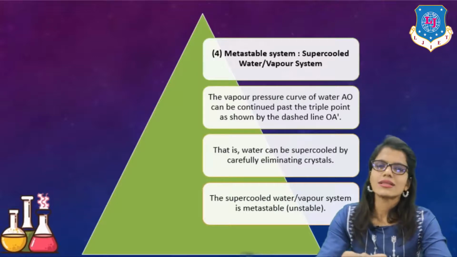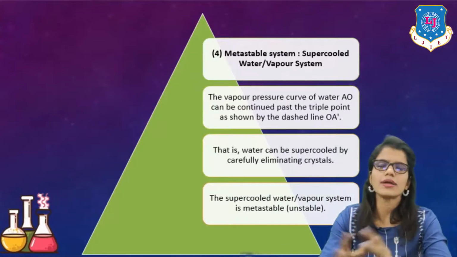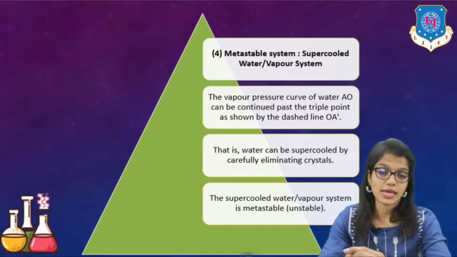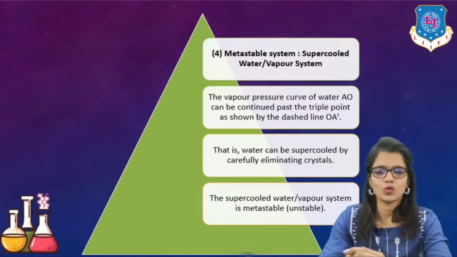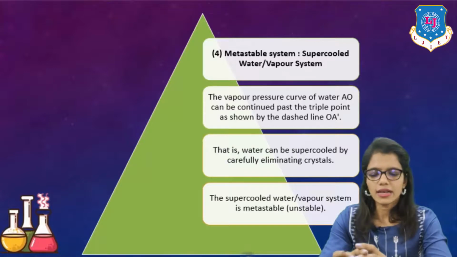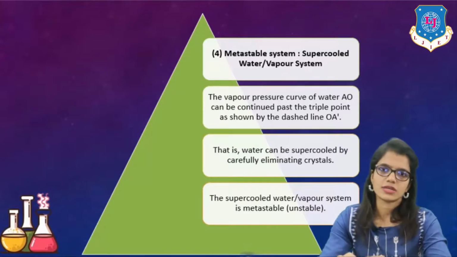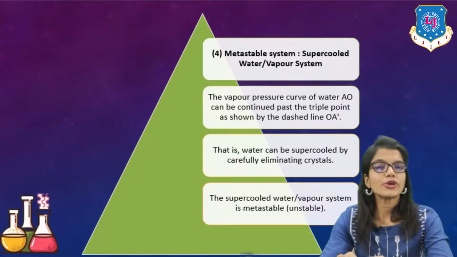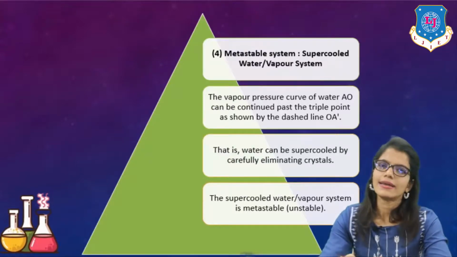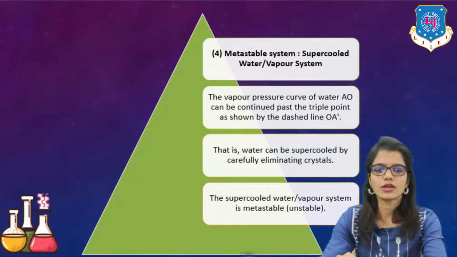To understand these kinds of systems, we have developed the Gibbs phase diagrams as well as the Gibbs phase rule, right? Till now we have studied a one component three phase system. Now let's begin with another topic.